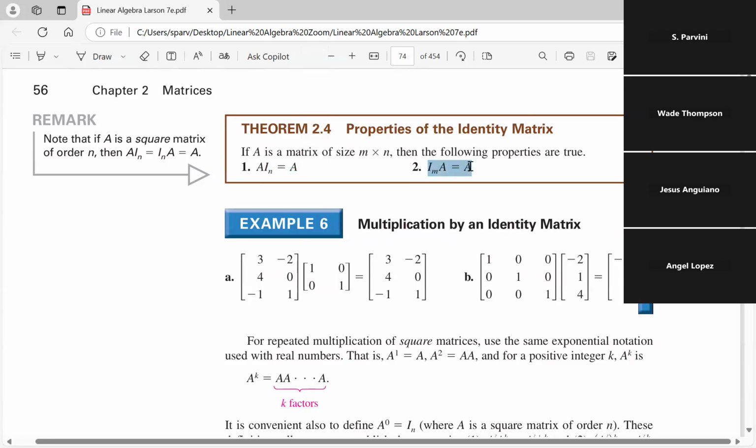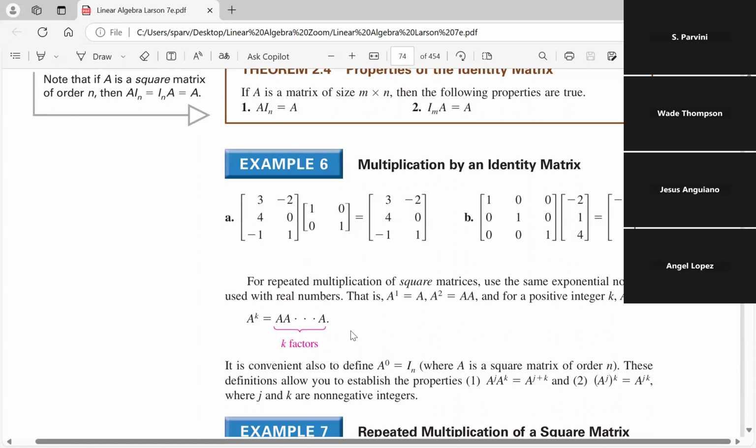He's doing number 2 with part B. He's multiplying an identity matrix times matrix A. The result is matrix A. Isn't that cool? So again, whether you post- or pre-multiply by I, the answer is always going to be the matrix A. We're good on that one.